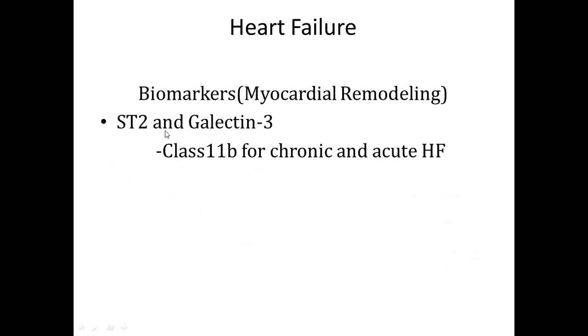So what does the guideline state then? The guideline states that ST2 and galectin-3 are class 2B for chronic and acute heart failure. So you don't have to do them. BNP, pro-BNP, class 1.